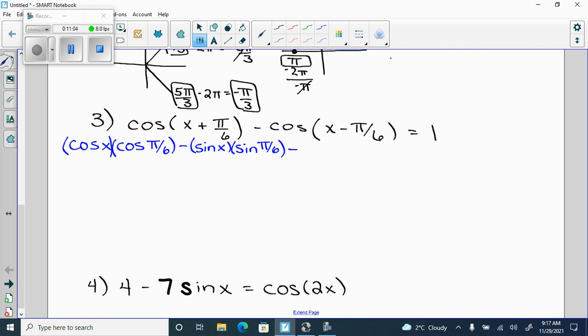So we're minusing cos x, cos pi over 6, plus sine x, sine pi over 6, equals 1. So cos of pi over 6 is what?